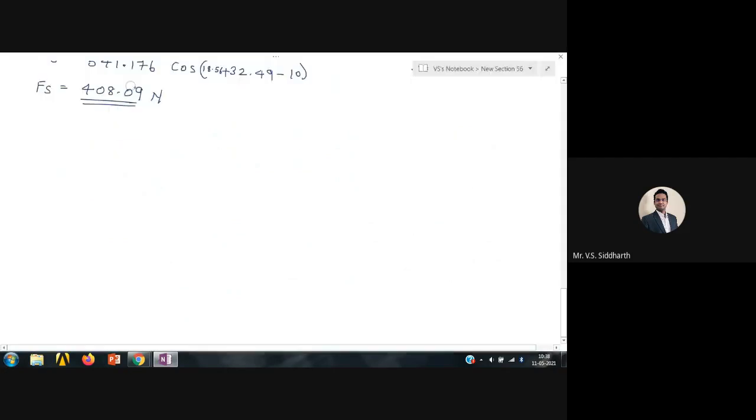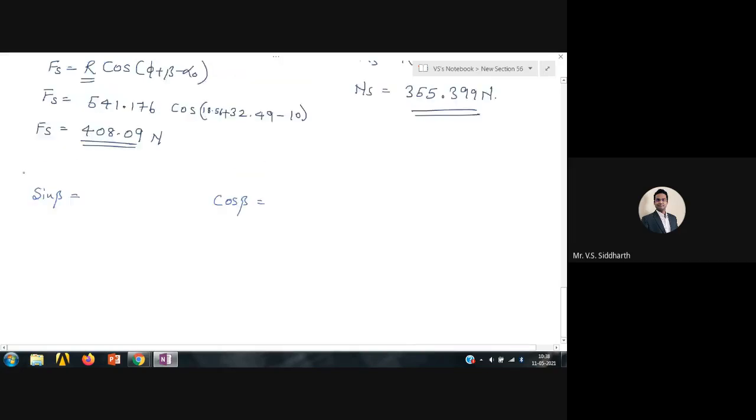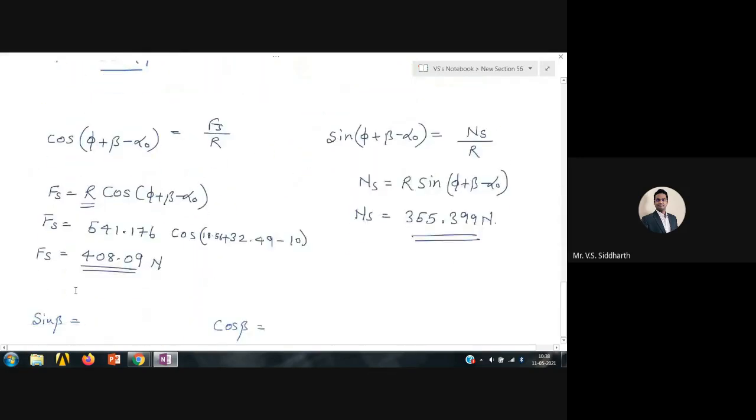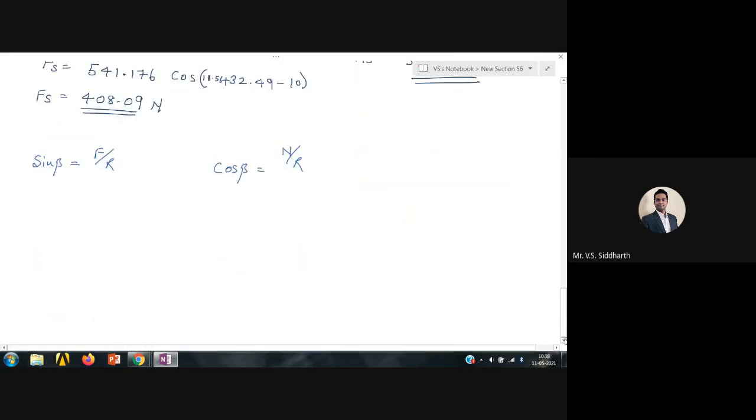I am writing sine beta, cos beta. Sine beta will be F by R. Cos beta will be N by R. So F equals R sine beta, N equals R cos beta.